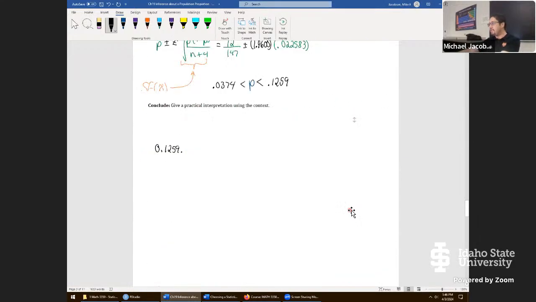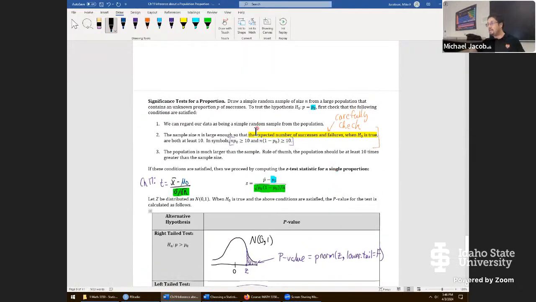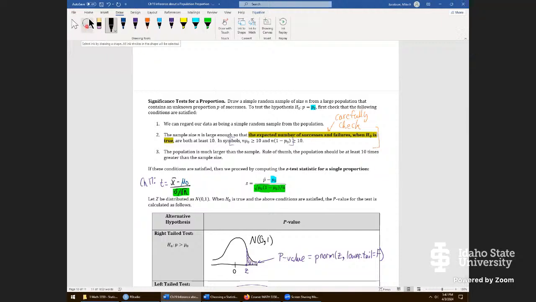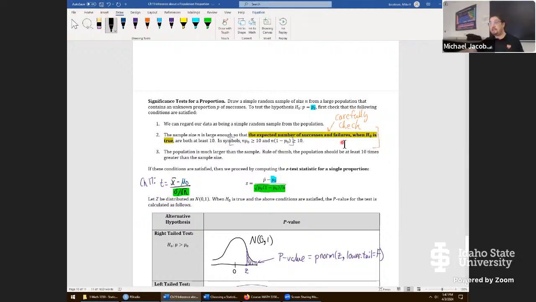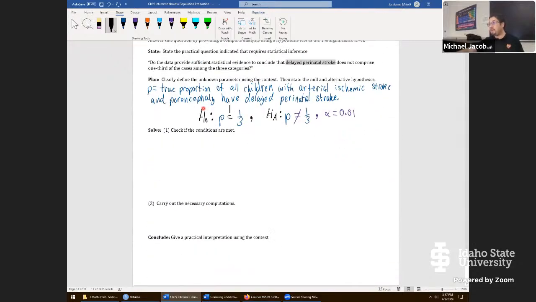If we're doing a hypothesis test, then everything's been switched around, and that's the word right here: the expected number of successes and failures when the null is true. That definitely deserves emphasis because it's all about that. So we'll take that, calculate those expected successes and failures by assuming this is true right away.